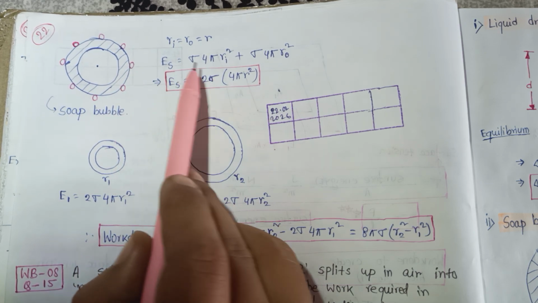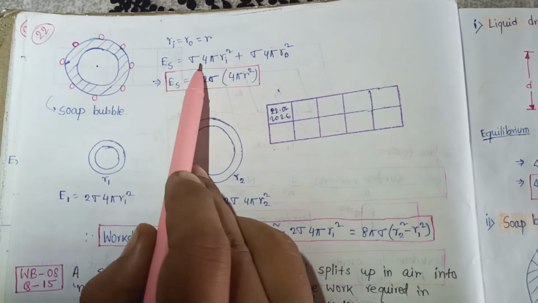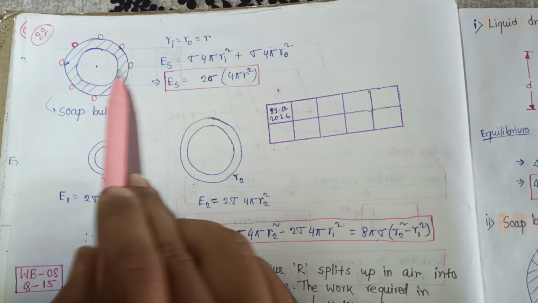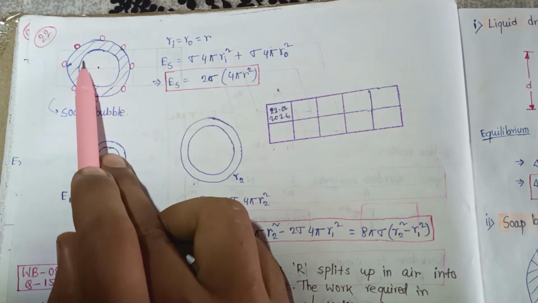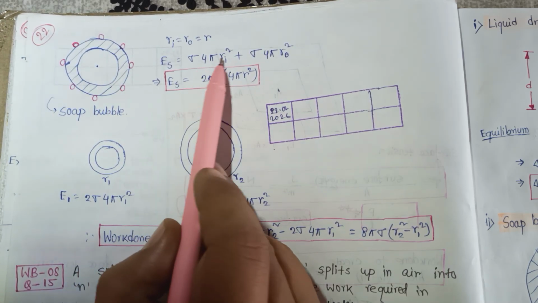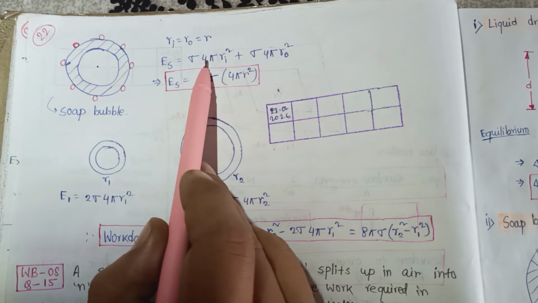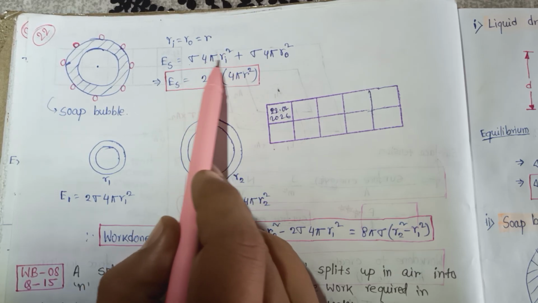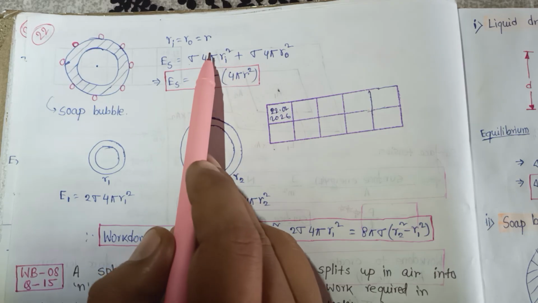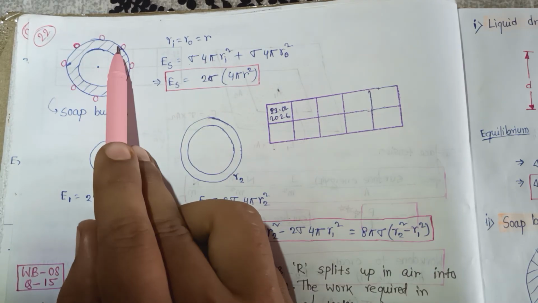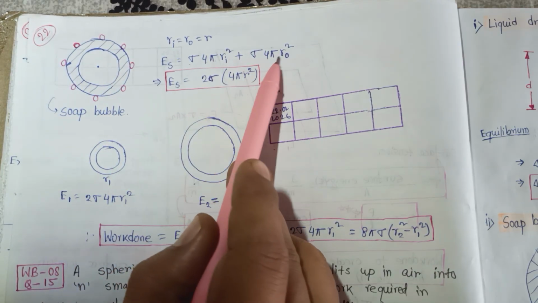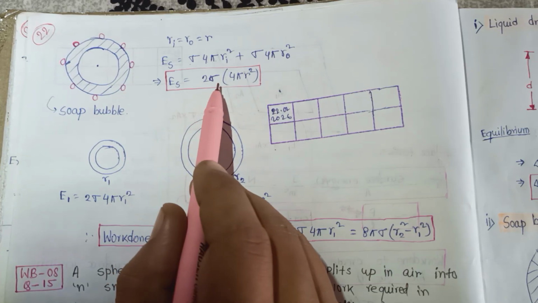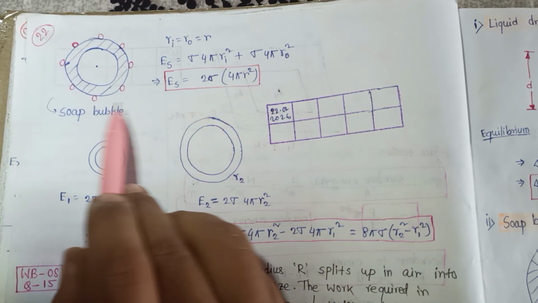So Es, we know that sigma into A, so sigma into 4 pi Ri square, because in that layer Ri is the inner radius. So 4 pi r square is the area of the inside sphere, and the outside sphere is 4 pi Ro square. So Es is equal to 2 sigma 4 pi r square. So this is for a soap bubble.